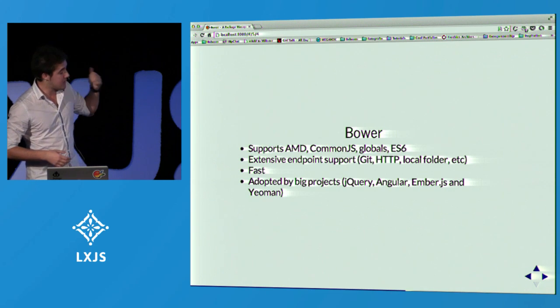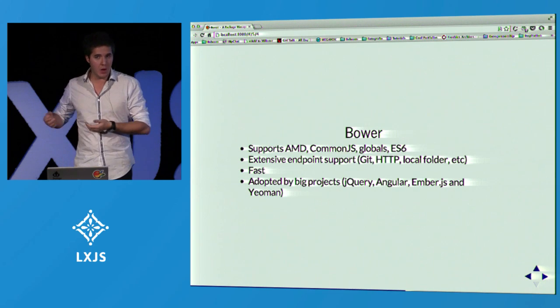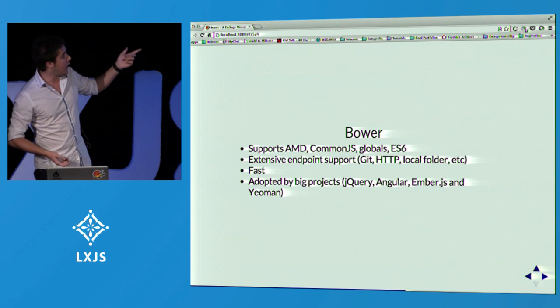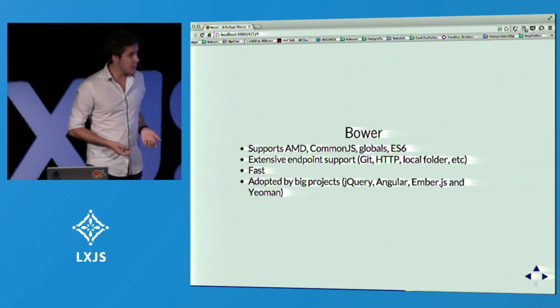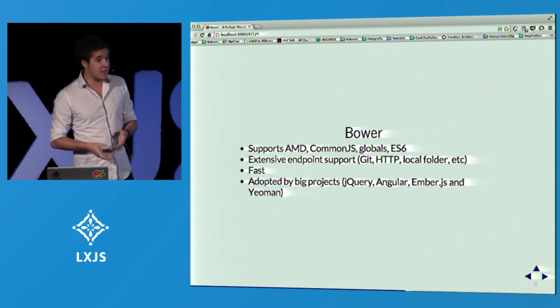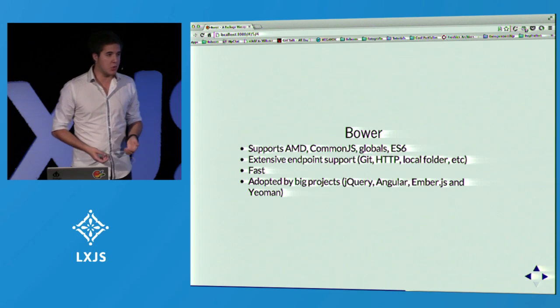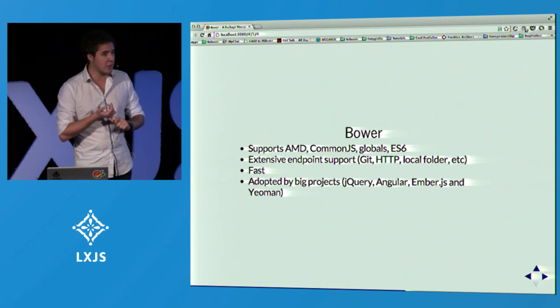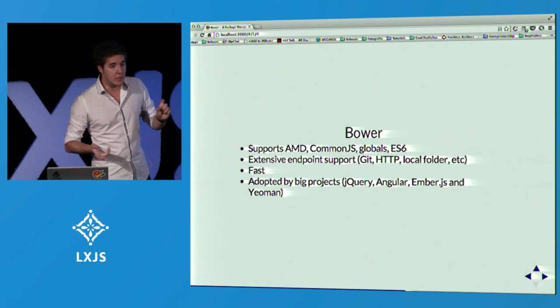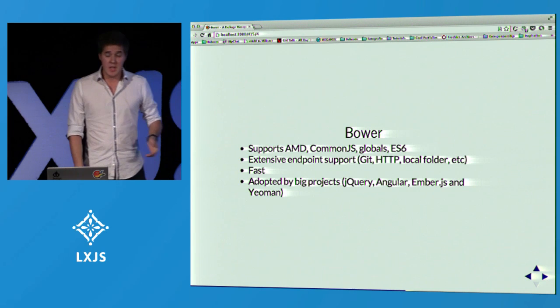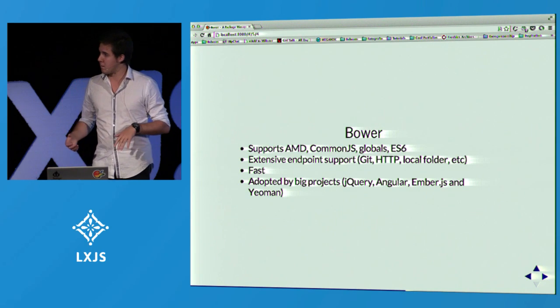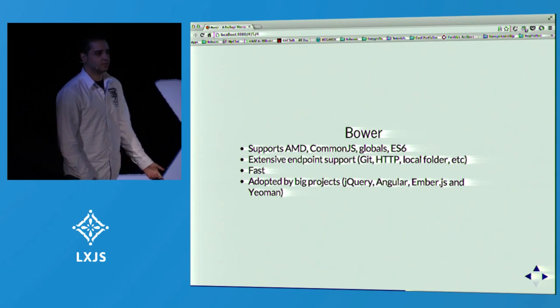So Bower is actually able to support any type of module. We're talking AMD, CommonJS, Globals, ES6. It has extensive endpoint support, so you can install packages coming from Git, from HTTP, a local folder, and many others. It even supports zip files or tar.gz files.